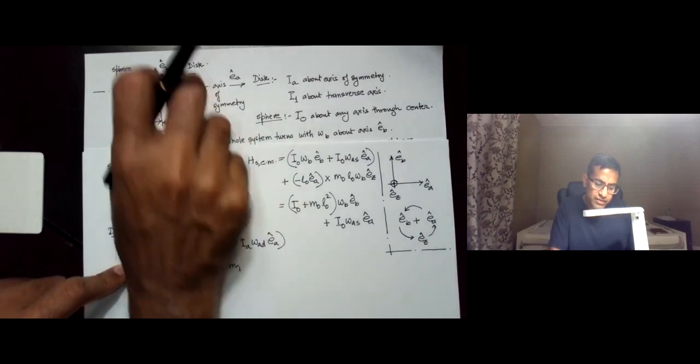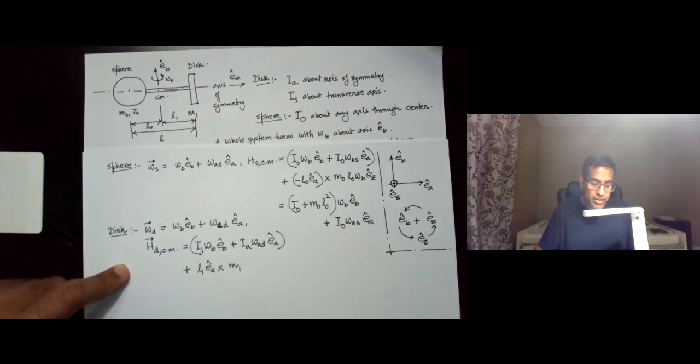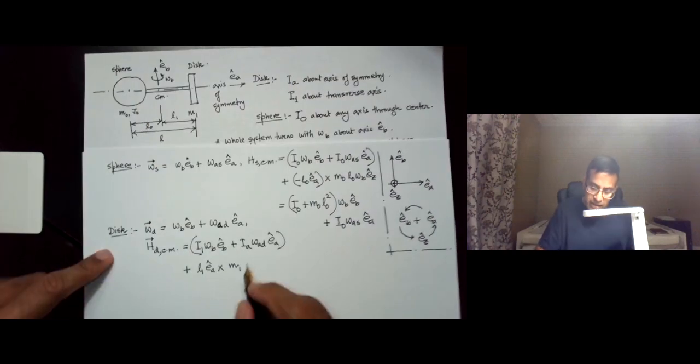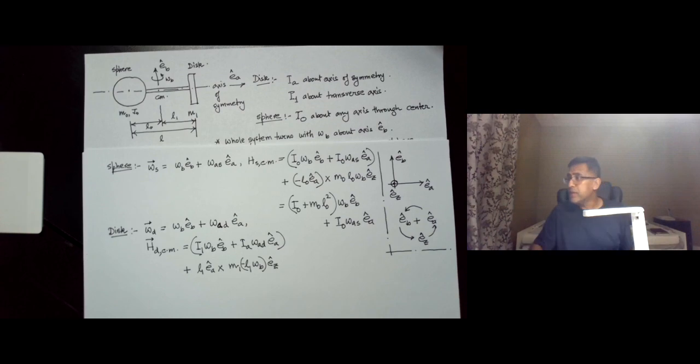The velocity of the disk is into the page, and it is L1 times omega b, in the negative EZ direction because it is going into the page.